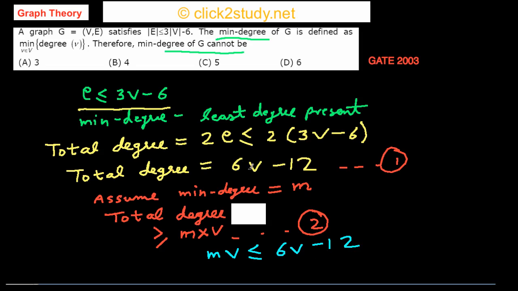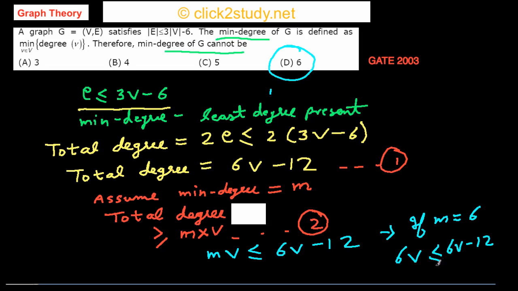Now you can answer this question, which of these four cannot be the min degree. Let's talk about D. If M is 6, then you get 6V is less than or equal to 6V minus 12. Or if we take this to the other side, 0 is less than or equal to minus 12, which is impossible.